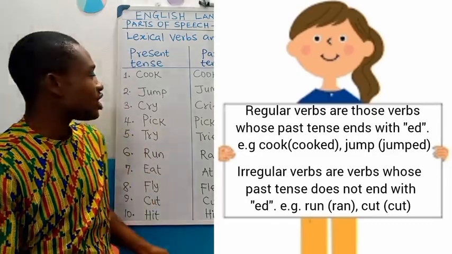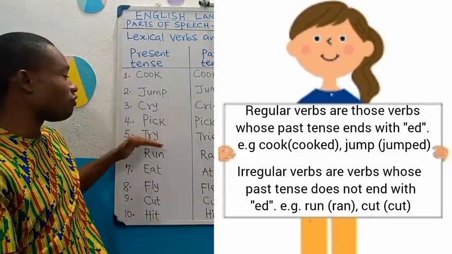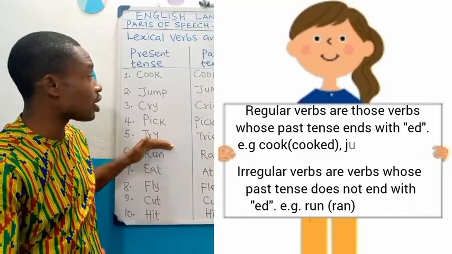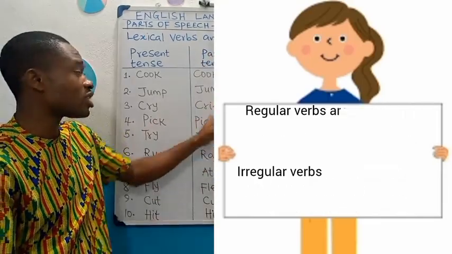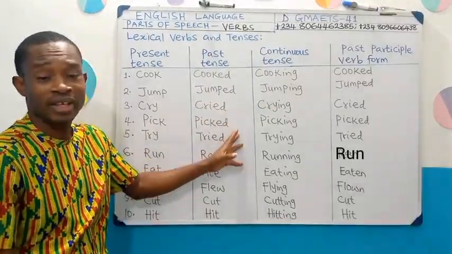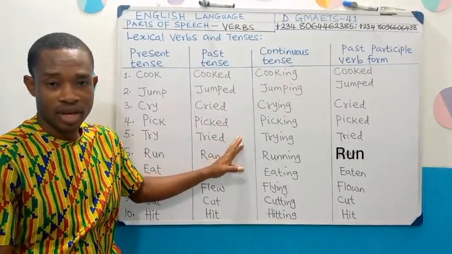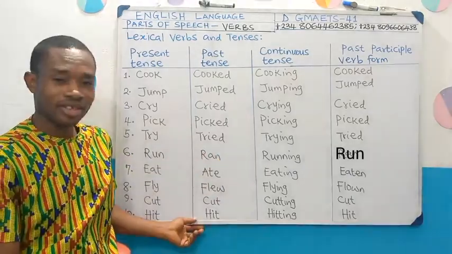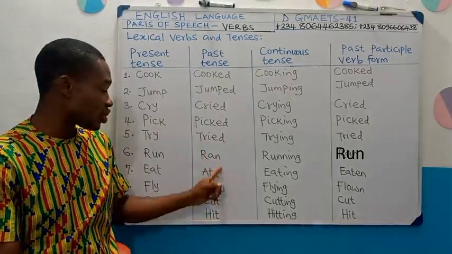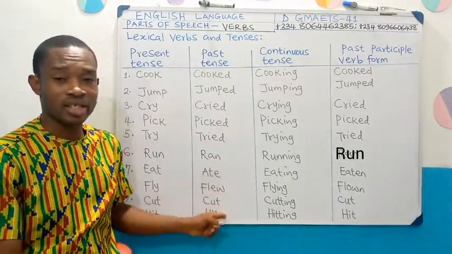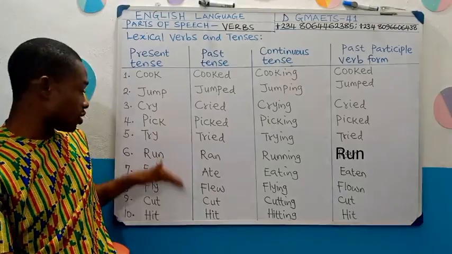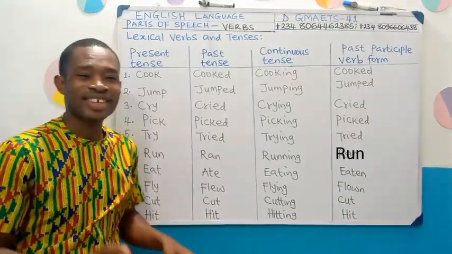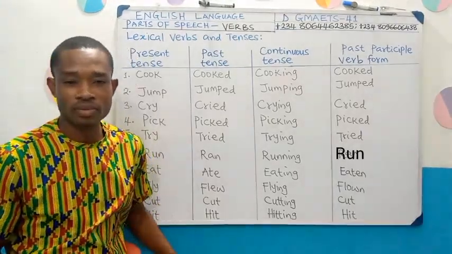Which simply means that verb number 1 to 5 are regular verbs because their past tense, look at the spelling, they all ended with ed. Is that okay? Then from number 6 to number 10, you can see that the past tense did not end with ed. So verb number 6 to number 10 are irregular verbs.